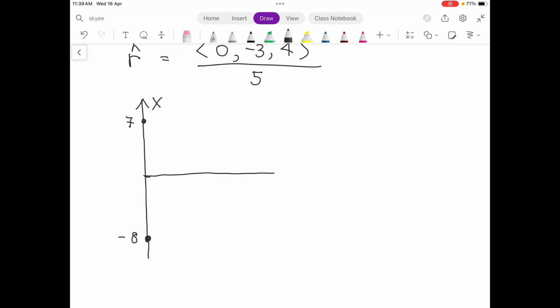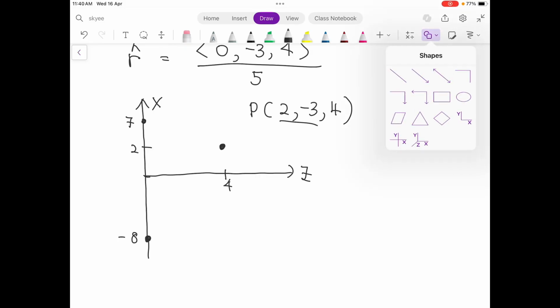If I plot it against the y-axis, 2 is here and negative 3 is over here. If it is difficult to imagine, we try to plot it versus z. The z is 4, somewhere here, with x at 2.